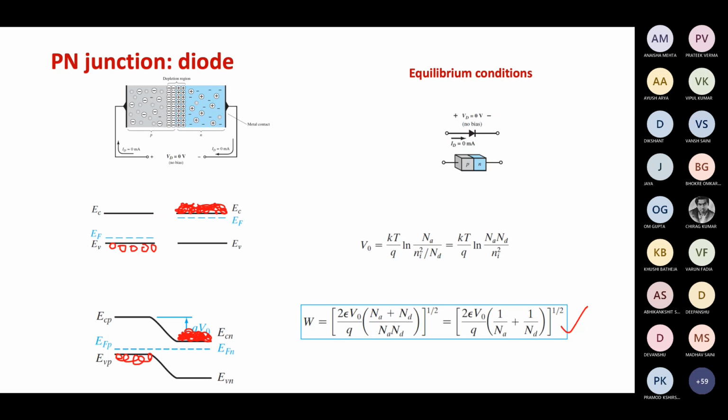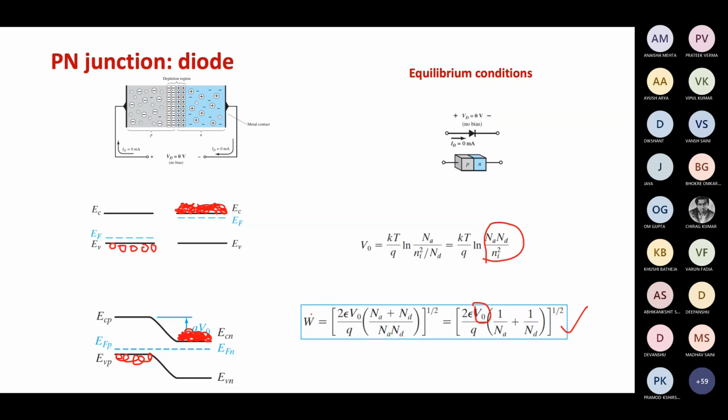Okay, so the more the doping, the more will be the contact potential, this potential that is built. And width is not directly related to the doping. As you can see, there is a V naught term here, and V naught is also dependent on Na and Nd. So in terms of just doping, it has a complex relation.